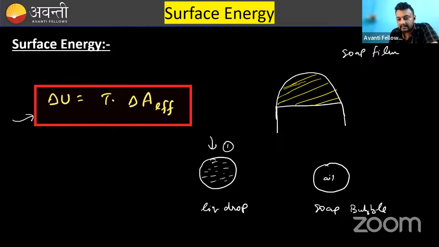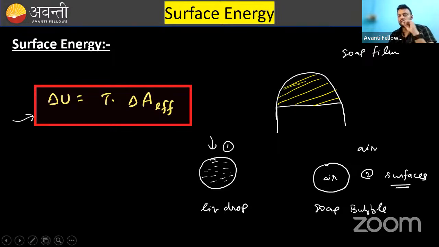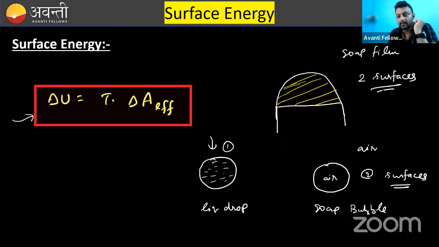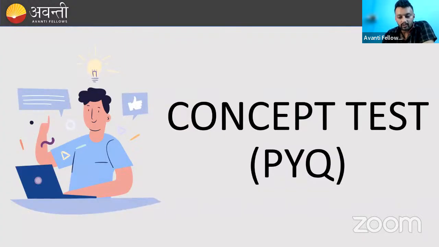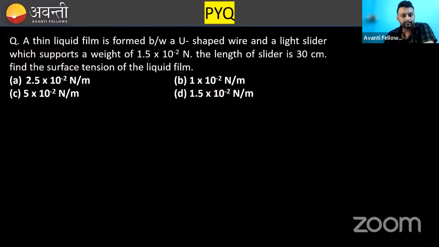The soap bubble has air inside and air outside, so it has two surfaces. So what I'm saying is, a soap bubble has two surfaces, a liquid drop has one surface, and this soap film has two surfaces. Remember these things. These are very important. Now, one question we will take.